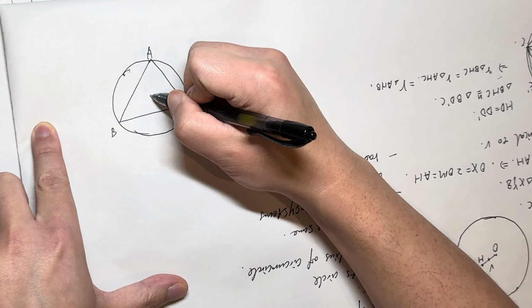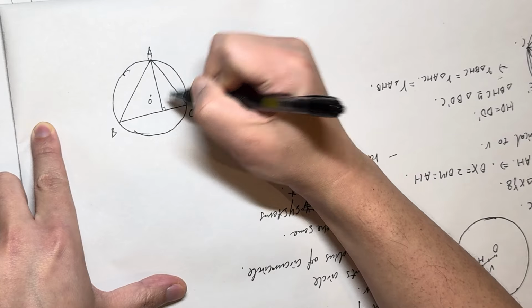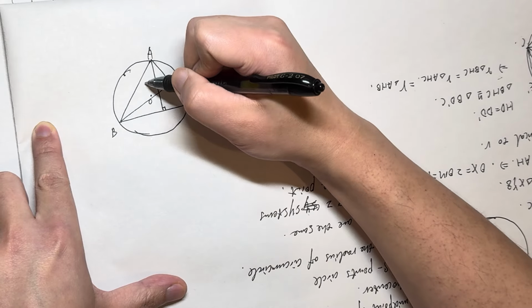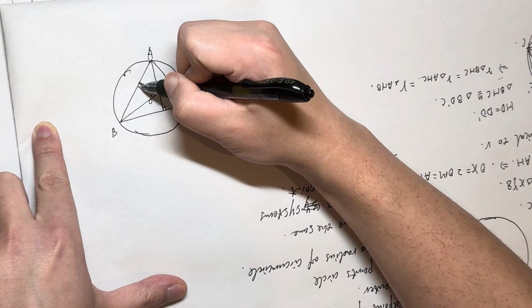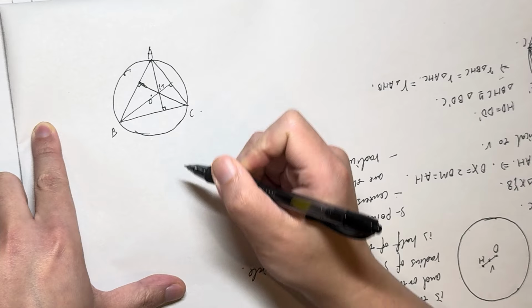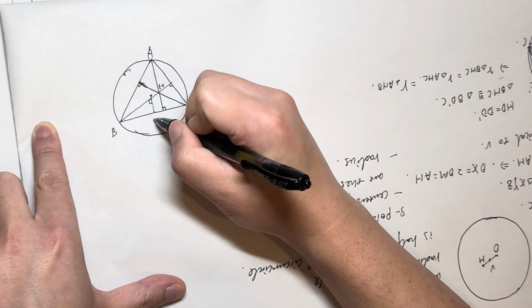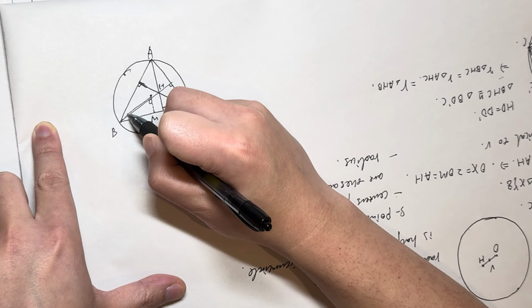And we have the circumcenter here, and we have the orthocenter here, H, right? This is O. This is OM.